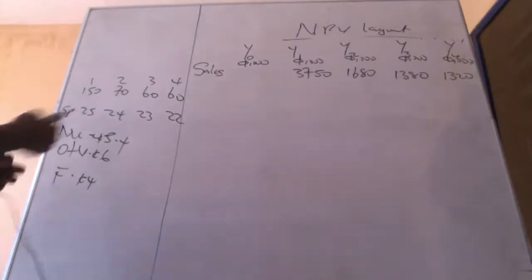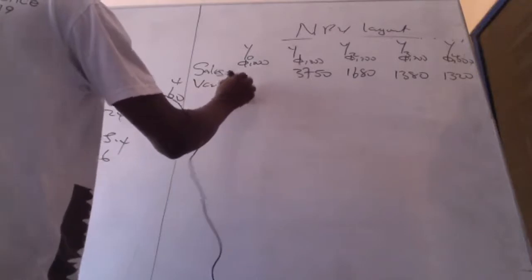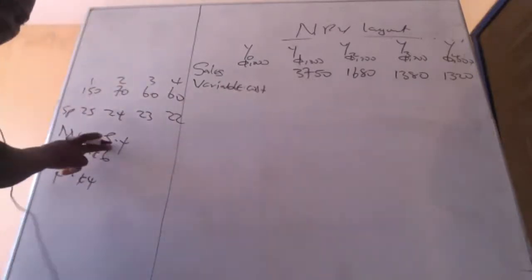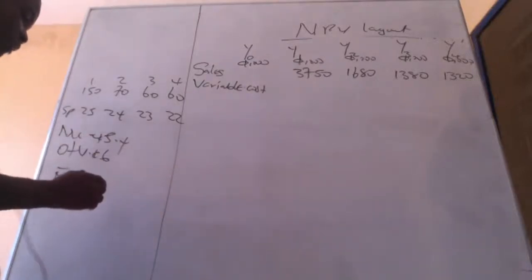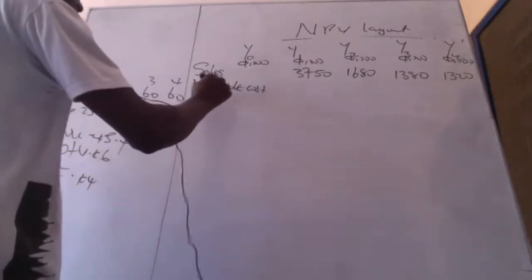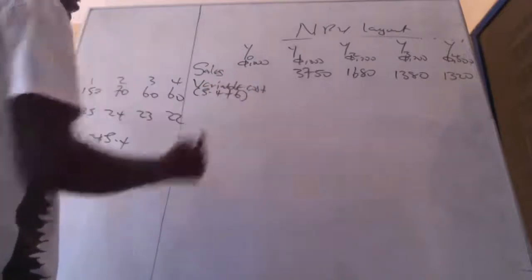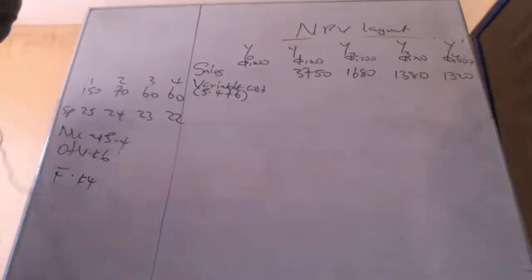I'll go straight to the variable cost. The variable cost too will be, you add the 5.4 plus that of the 6, making 11.4. So you multiply it by the units respectively.